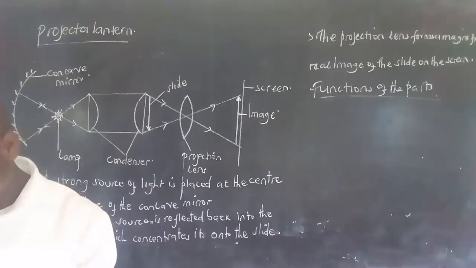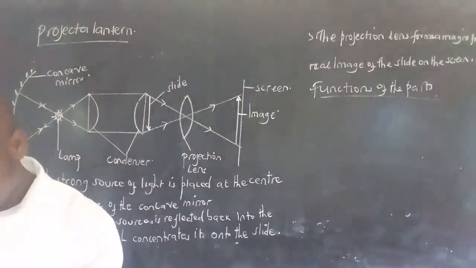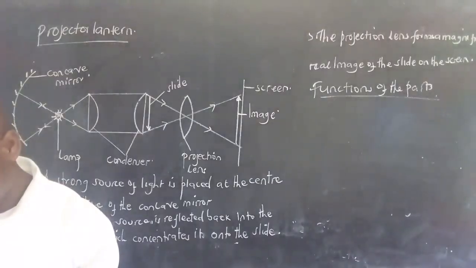A projector is used for showing a magnified image of the film or slides on the screen. Number two, the film is the region where the slide is to be placed.